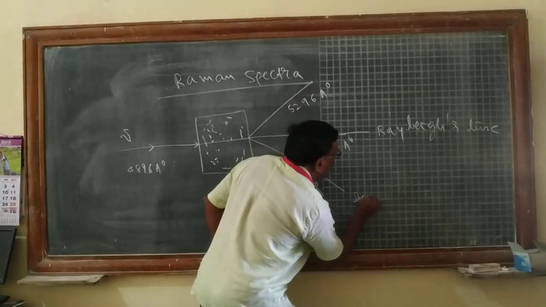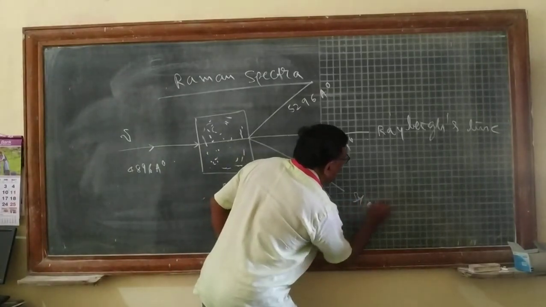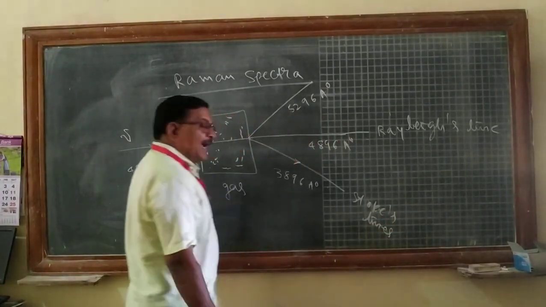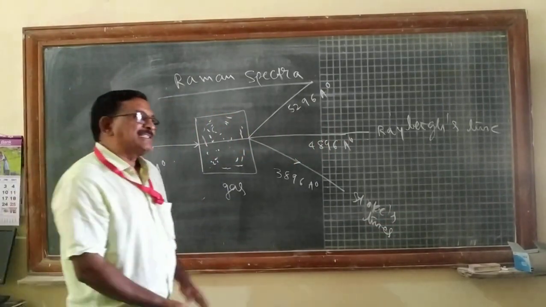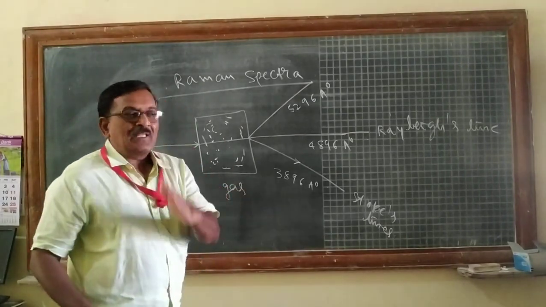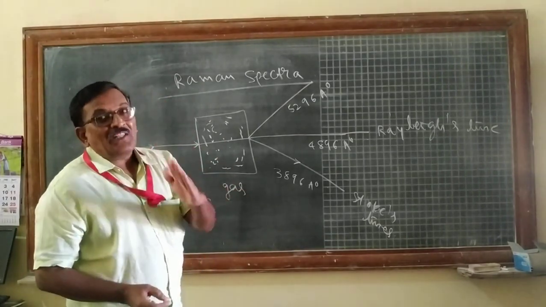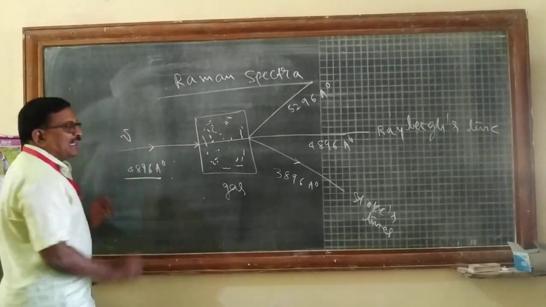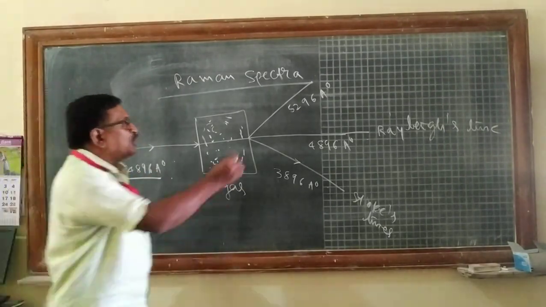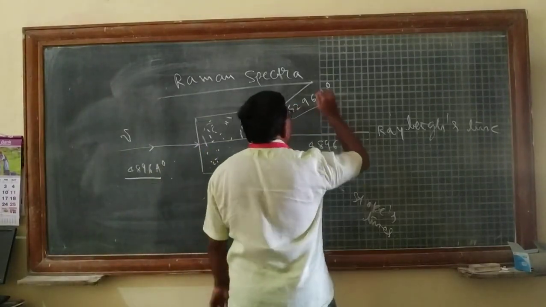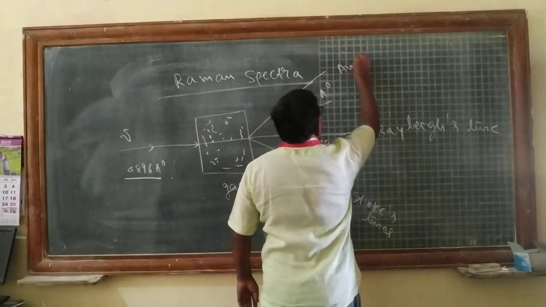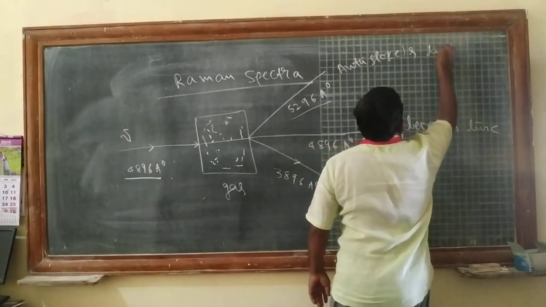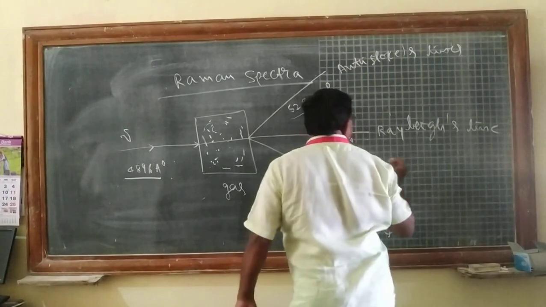This line is called the Stokes line. Raman observed another line whose frequency is higher than that of the incident light, at 5296 angstrom. Hence it is called the anti-Stokes line.